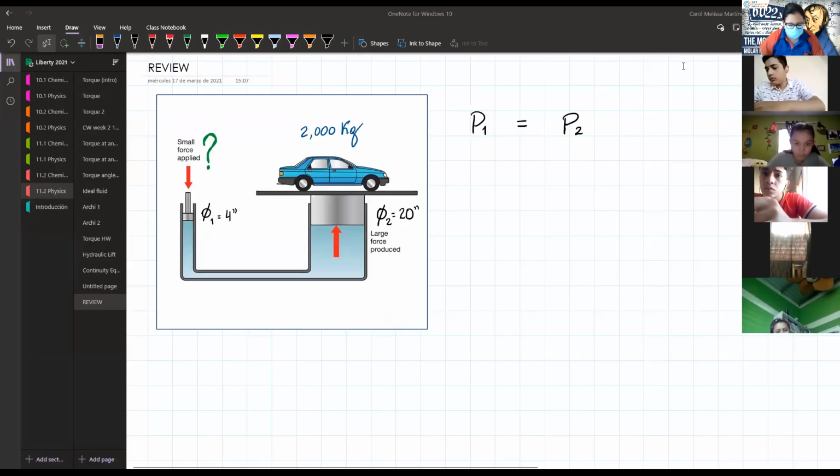The concept of pressure is force applied divided by the area where the force is applied, okay? So this is going to be force 2 divided by area 2.